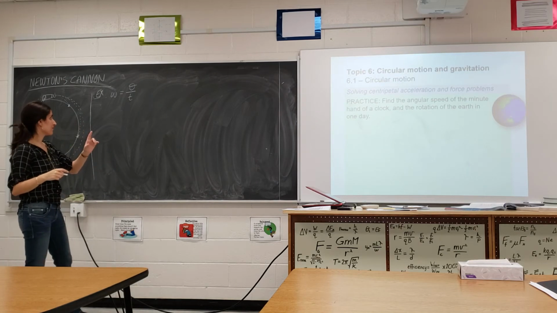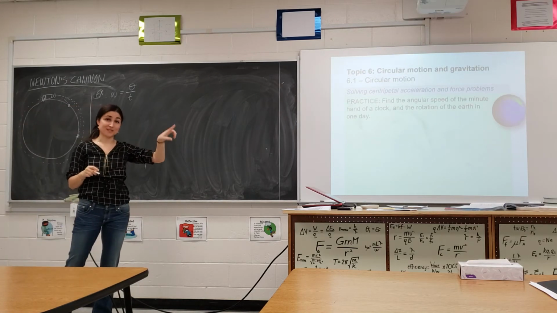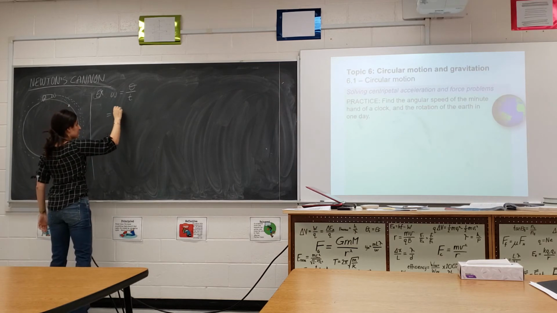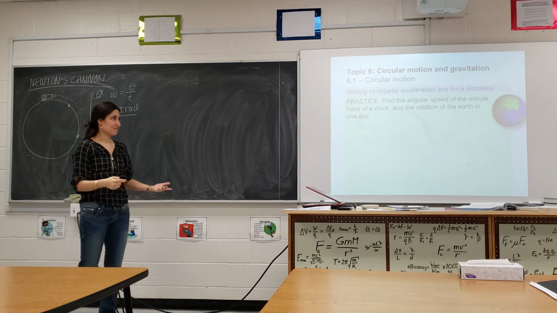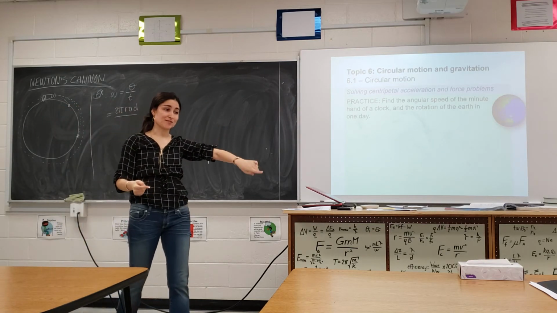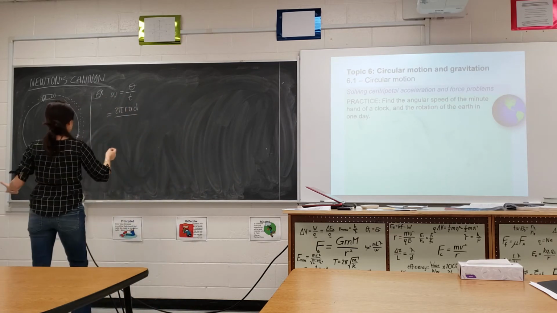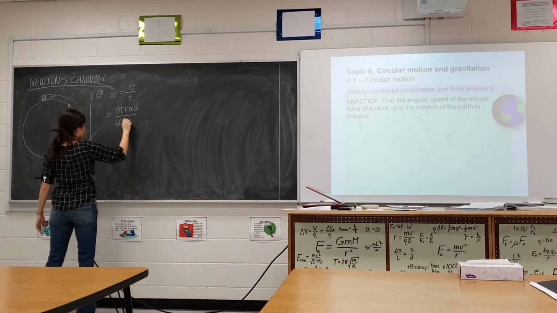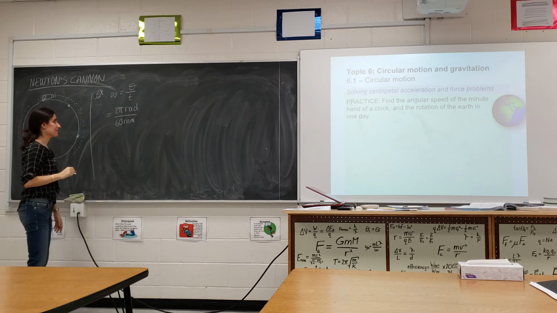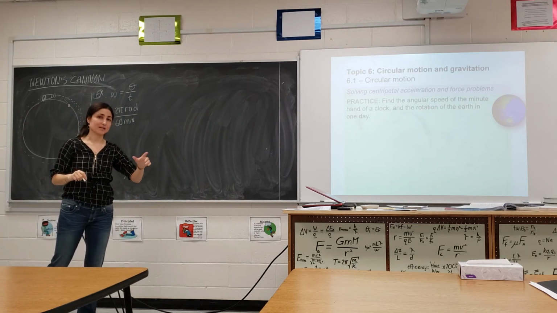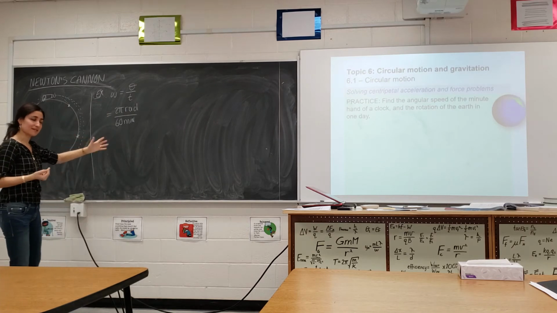Now, the minute hand of a clock, we'll just assume that it's going around once. So that means the angle it's moving through is 2 pi radians. Now, how long does the minute hand take to go around the clock once? It takes 60 minutes, right? So 60 minutes goes on the bottom. Now, I need to have the value for omega in radians per second, not radians per minute. So I've got to convert minutes to seconds.